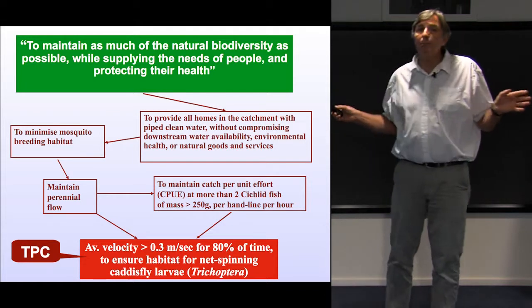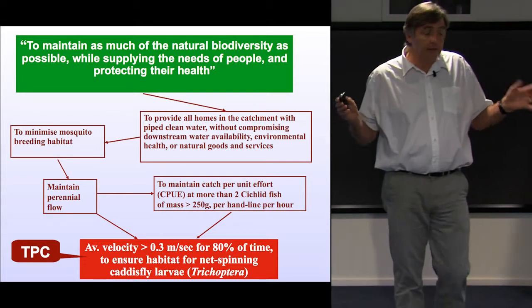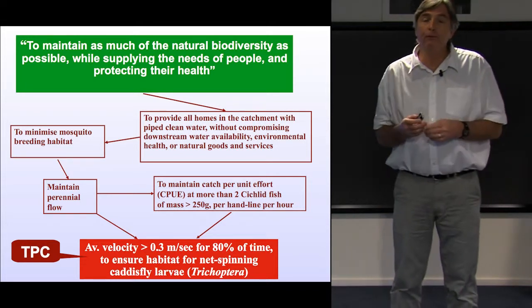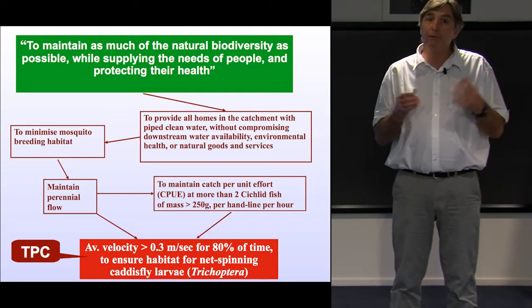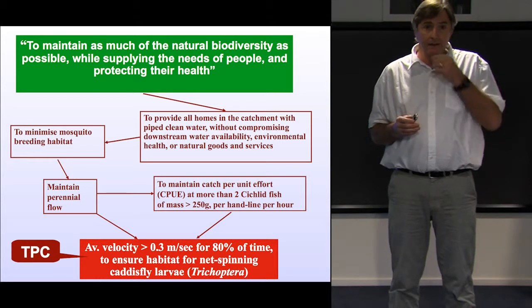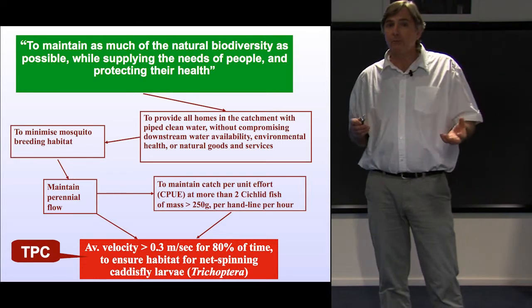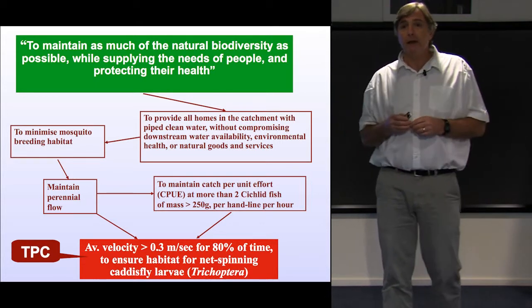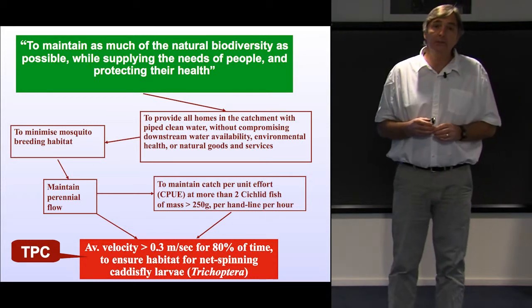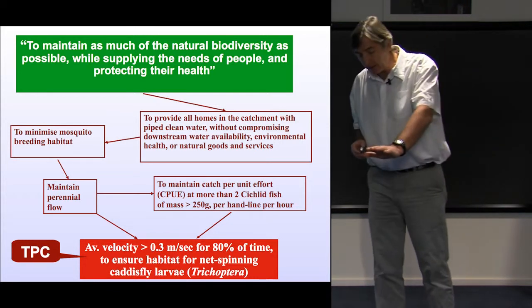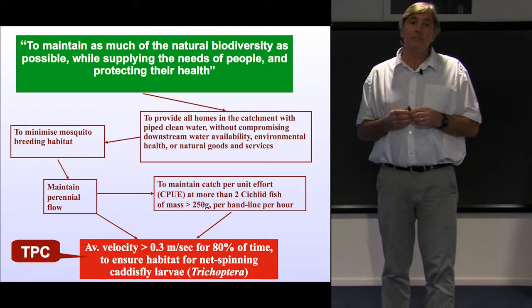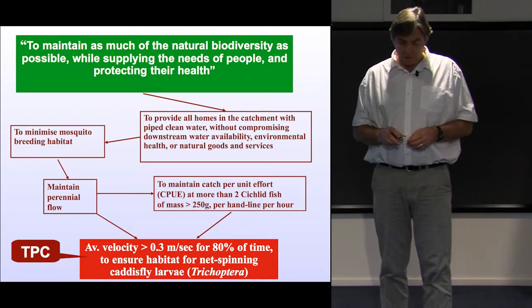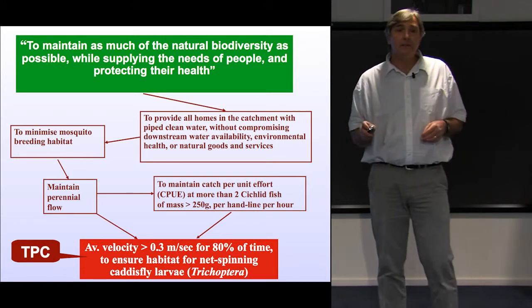So this is a very simplified example of the type of objectives that have been set now, not just for the rivers in the Kruger National Park, but for the whole Kruger Park ecosystem, tourism management, economics, and so on. And there's now a pile about that high of books which contain all these objectives, breaking them down to these detailed TPCs.